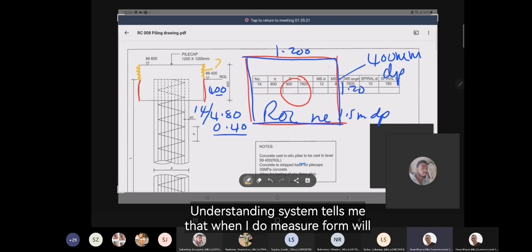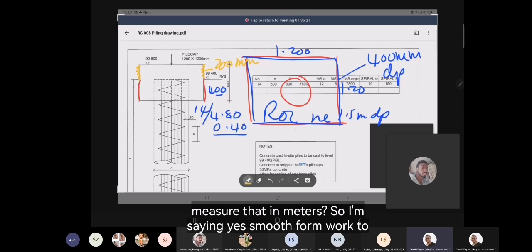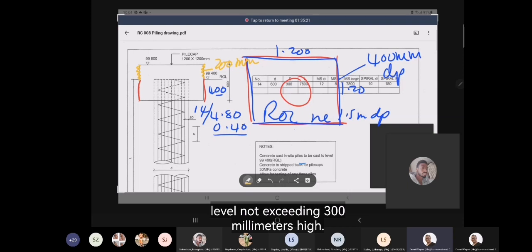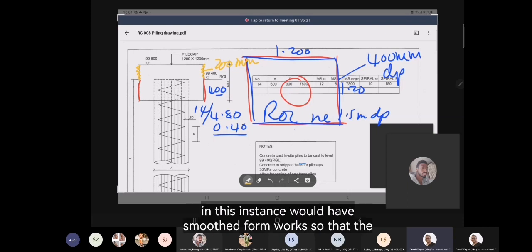The standard system tells me that when I do measure formwork not exceeding 300 millimeters high or wide, that I need to measure that in meters. So I'm saying here smooth formwork to the sides of my pile cap projecting above the ground level not exceeding 300 millimeters high. Why smooth? I mentioned earlier that in most instances, when we have piles, the pile caps that would protrude would be the final finish. And so in this instance, we would have smooth formwork so that the finish would be smooth.